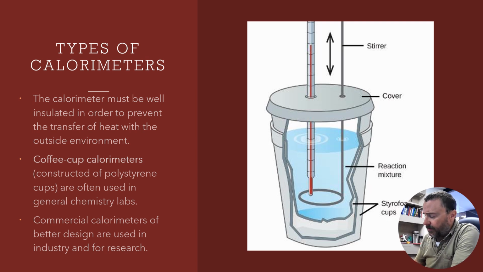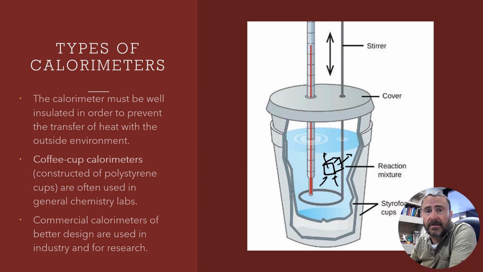When that reaction takes place, heat is either given off into the surroundings or heat is needed to go into the reaction itself in order for it to take place. One of the two things has to happen, and we'll see that as a temperature change.